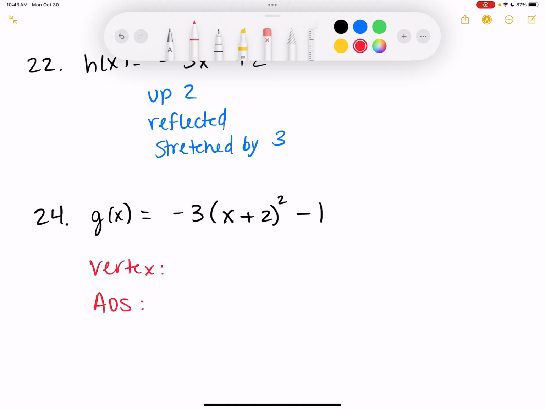Remember the form for this is vertex form: f of x is equal to a times x minus h squared plus k. And the vertex would be at (h, k). So if this sign is negative, then we copy down just h. It's basically the opposite sign of whatever's in here goes down here, and it's the same sign here for k. And then the axis of symmetry is at x equals h. Remember, the axis of symmetry is a line.